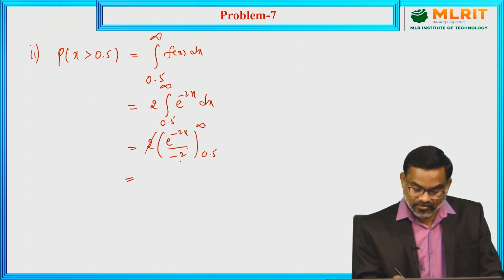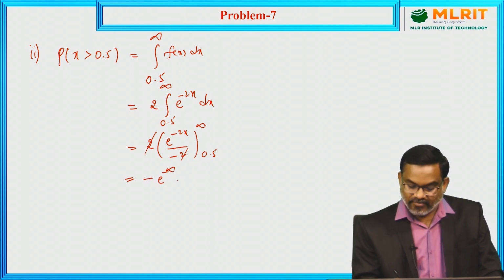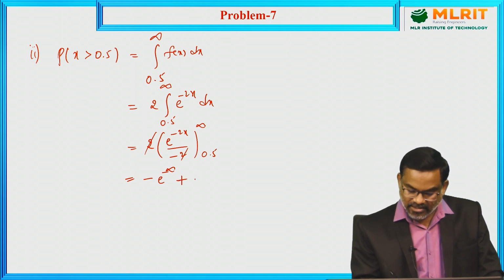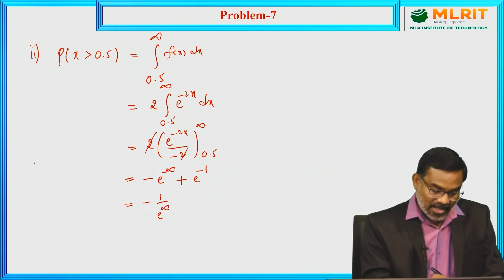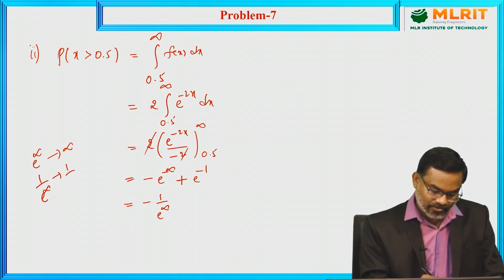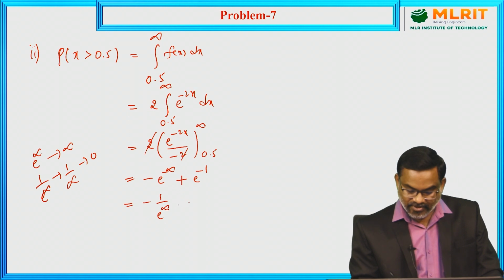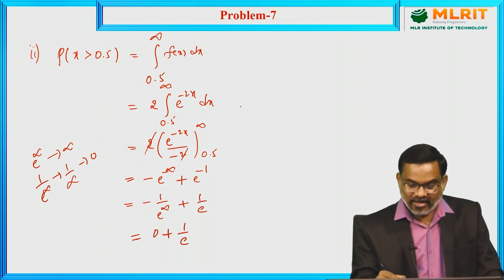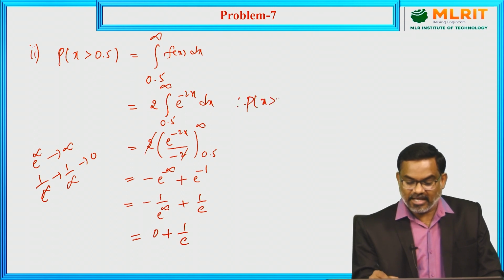Here these 2 get cancelled, and for the upper limit we get minus e power minus infinity, and for the lower limit minus into minus plus e power minus 1. Here e power minus infinity is 1 by e power infinity. As e power infinity tends to infinity, 1 by e power infinity tends to 0. So, the first value is 0 and the second one is 1 by e. Hence, the probability of x greater than 0.5 is 1 divided by e.